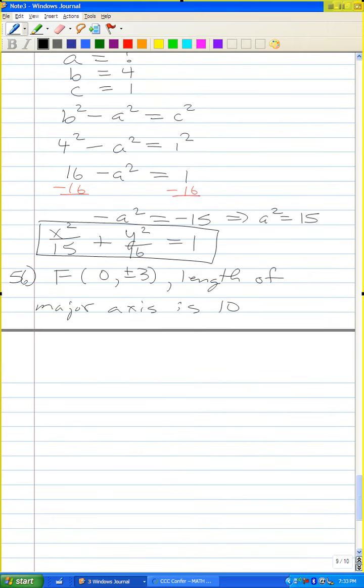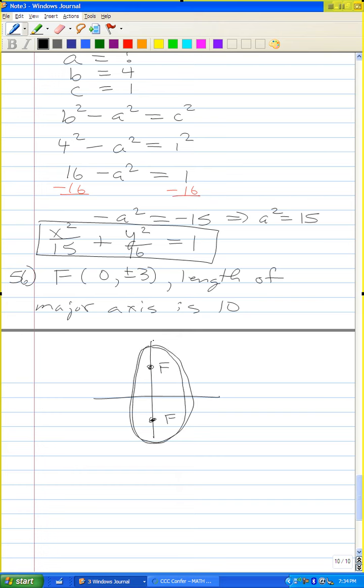And so the foci are at 0, plus or minus 3, and the major axis. So my foci are along the y-axis. So here's your foci. So therefore your ellipse has got to be in that direction.